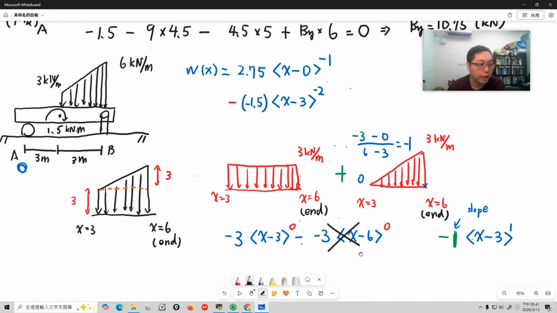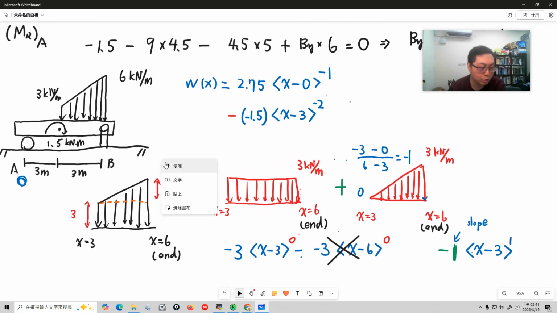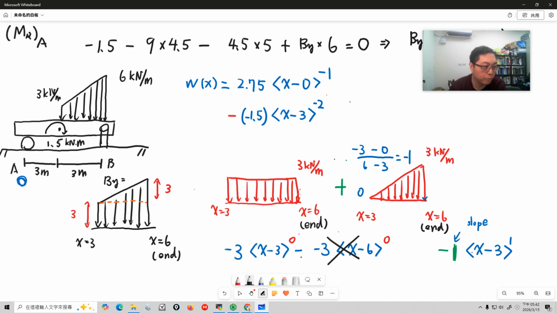Don't forget we also have the reaction force at position B, right? We have By. What's the value for By?